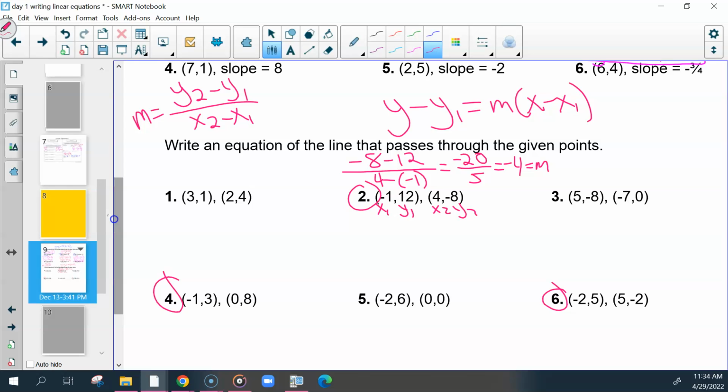After you have your m, you can choose either point. Don't do both, but choose either set of points that you want and put it back into point slope. Do we want to use the first set or the second set? If you want to use the second set, you can do that. So this format would be y minus y1, which is 12, equals our slope of -4 times x minus our x1, which is -1.